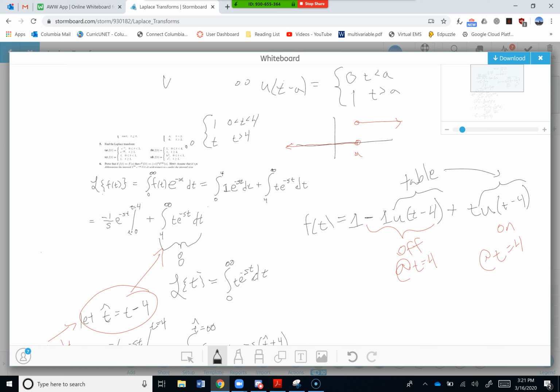This u is a unit step. Kind of makes sense? Okay, so the unit step functions are a thing for maybe another day.